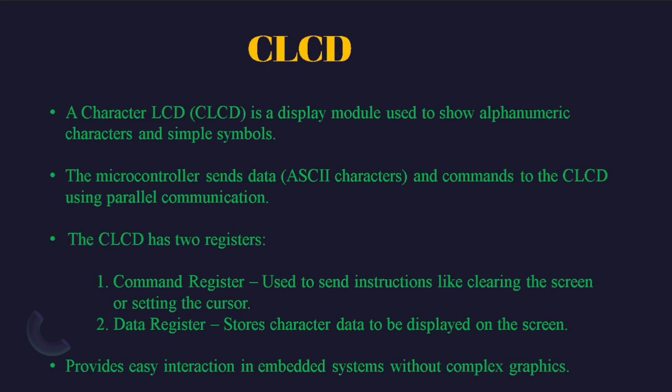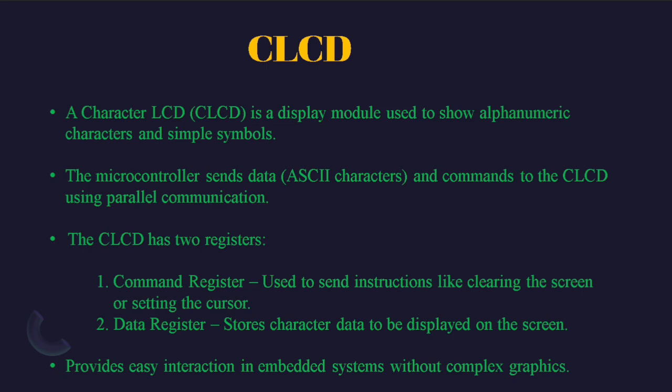Then about CLCD. A CLCD, that is character liquid crystal display, is a type of LCD screen used to display text, numbers, and basic symbols. It also has many features. It displays text in a fixed grid. It works with microcontrollers. It needs a controller chip to operate.